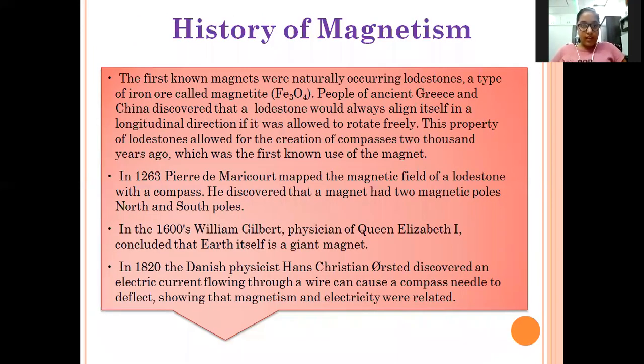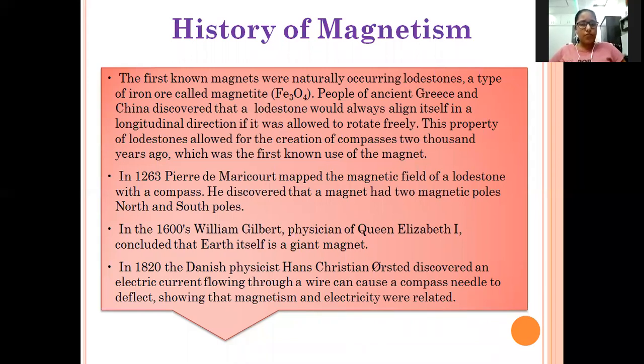Now, we will see the history of magnetism. From where this word magnetism came, we will learn in the history of magnetism. The first known magnets were naturally occurring lodestones. They are a type of iron ore called magnetite.